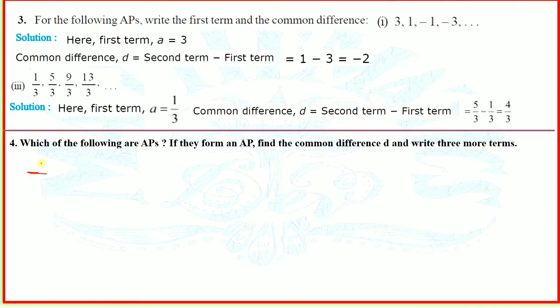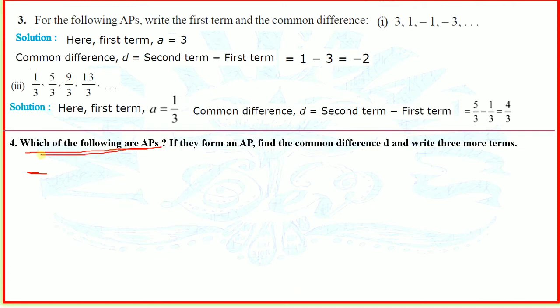Now you have to identify in the following progressions whether each forms an AP or not. If it does, then you have to find the common difference and then the remaining 3 terms, which you have already learned: a plus d, a plus 2d. Like that you have to put in the values of a and d. First of all, you have to check whether it is an AP or not.